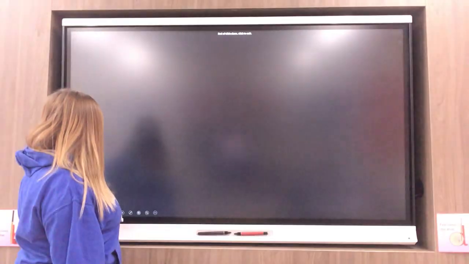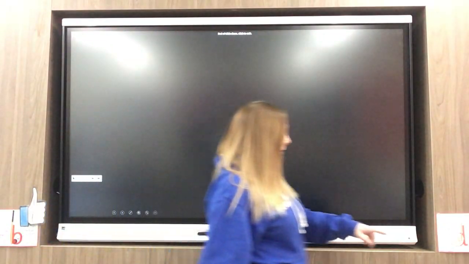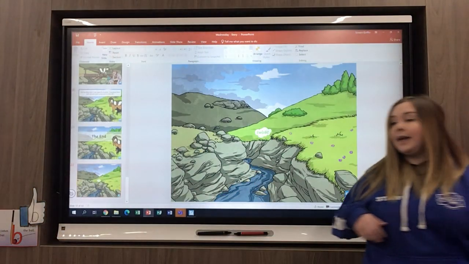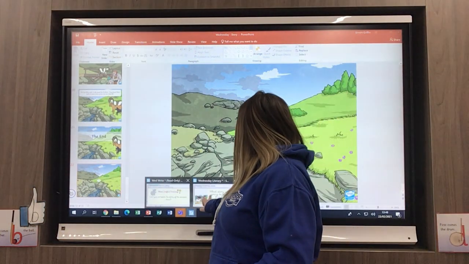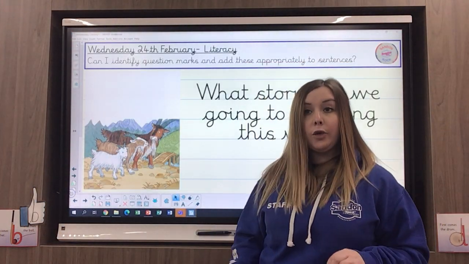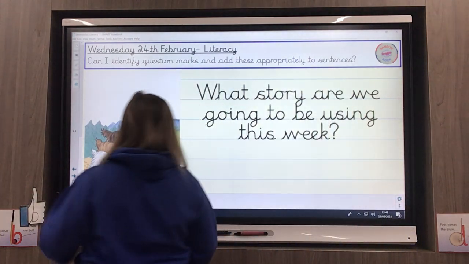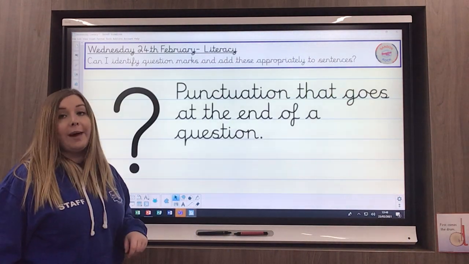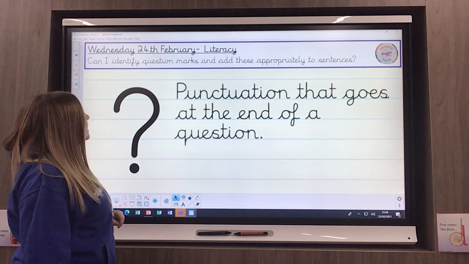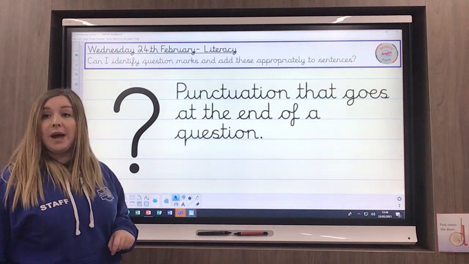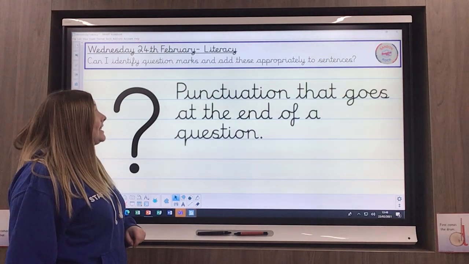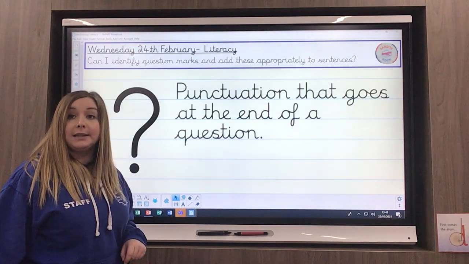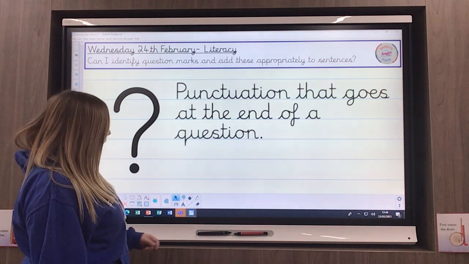Okay, so that's the story that we're looking at this week. The Three Billy Goats Gruff. And your learning question for today says, can I identify question marks and add these appropriately to sentences?